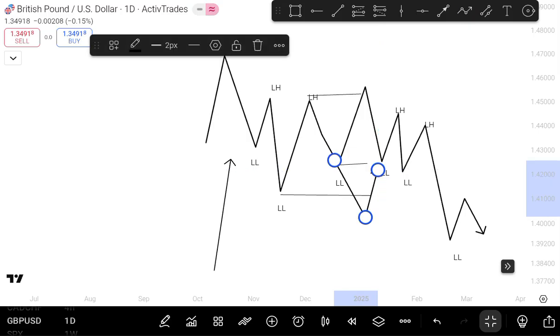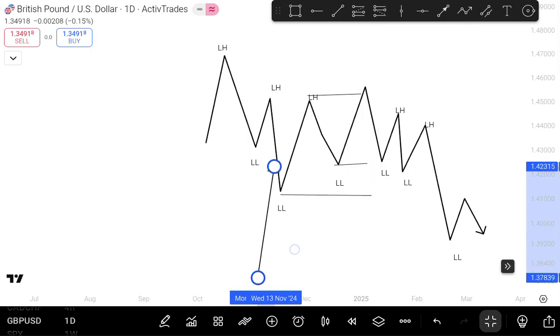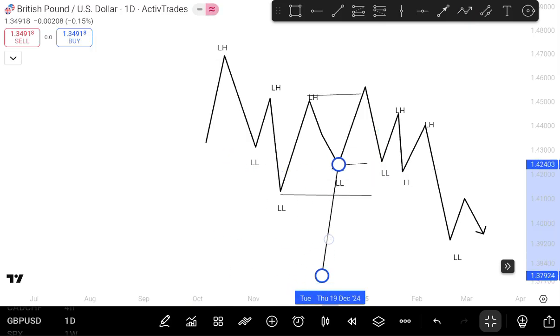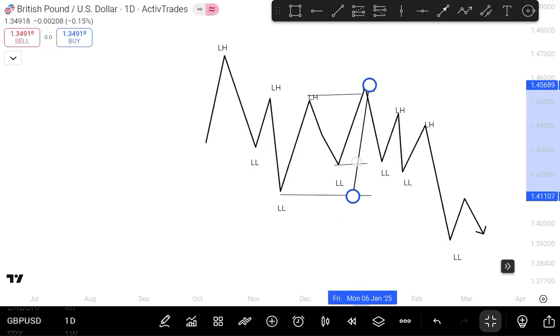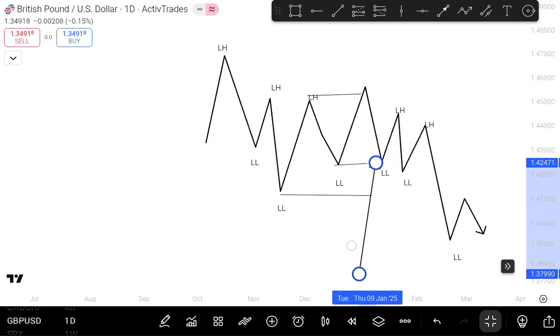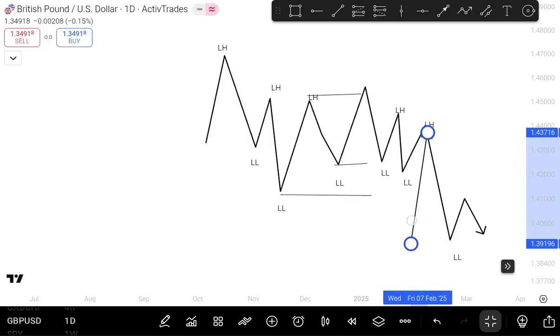The market refused to sweep this particular point, and instead it moved up to this side. And when it comes to this side, it sweeps this lower low that is here, takes this one and continues with its downtrend market.